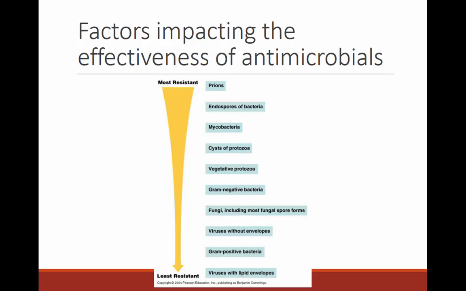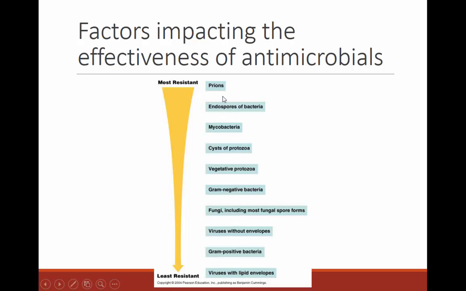So, if we look at the effectiveness of antimicrobials, they're not all the same. If we look up at the top, these are the most resistant to antimicrobials, and these down the bottom are the least resistant. Okay, so prions, everyone's heard of prions? Yes, they are the hardest to get rid of. Okay, then that's followed by endospores. They are very difficult to get rid of. And as it goes right down, the least resistant are viruses with lipid envelopes.